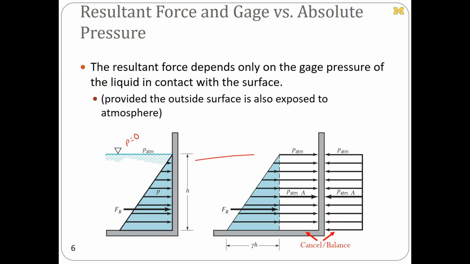On the right here is what happens if we include atmospheric pressure, and what you should hopefully see is that the atmospheric component cancels out on opposing sides of the wall. So while it does act on the wall, it acts equally on both sides of it, meaning that when we're computing resultant forces, we have only to consider the gauge pressure. We don't need to worry about the ambient outside pressure because it acts equally everywhere.